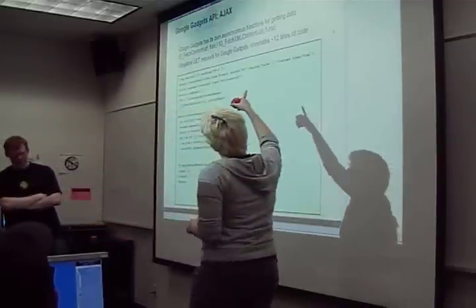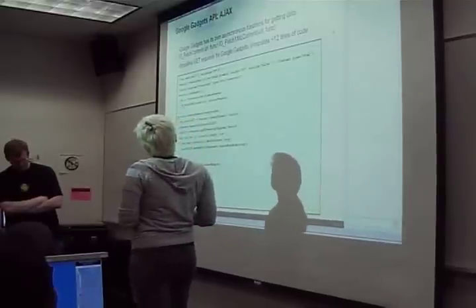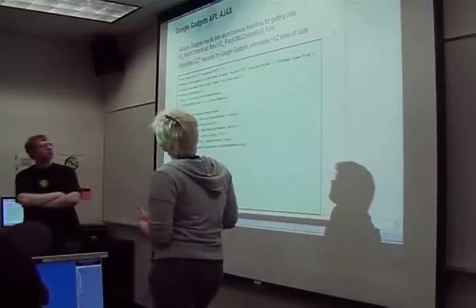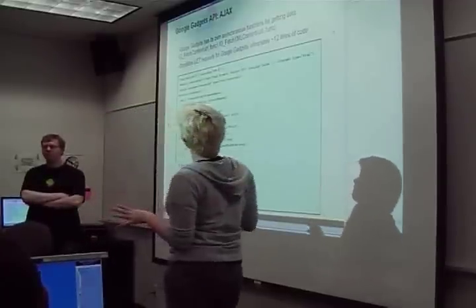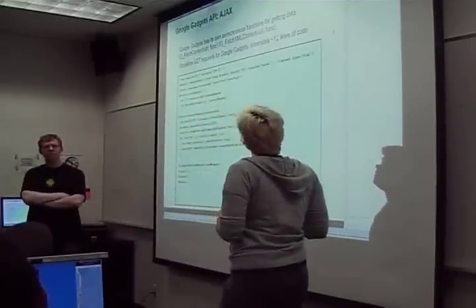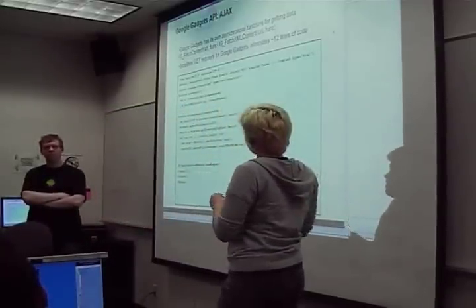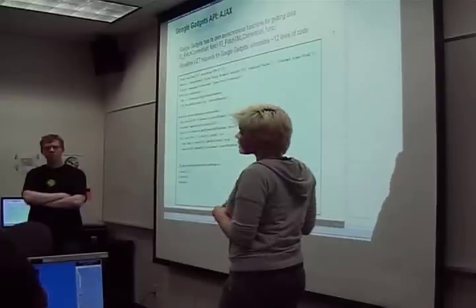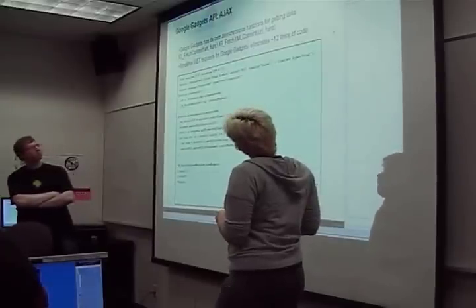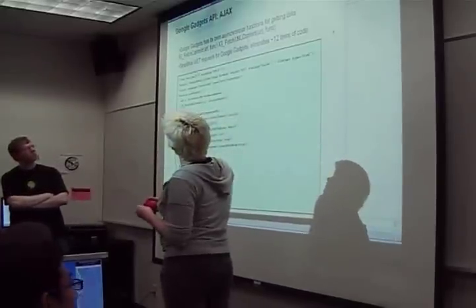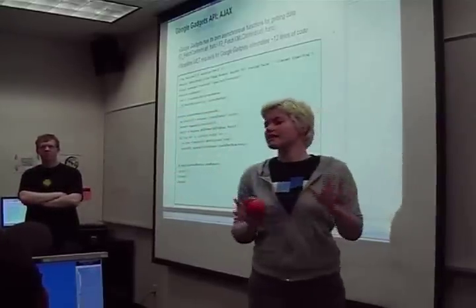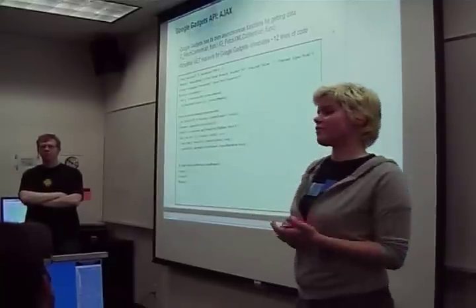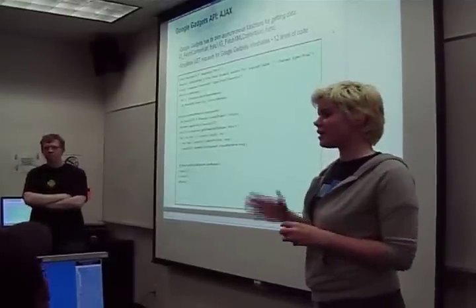So Google Gadgets has a couple functions for it. It has fetch content if you're getting just something that's not XML and it's text or CSV, something like that. And fetch XML content, which is specifically targeted for XML because it'll parse it as an XML document when it comes back. And these functions are able to make cross-domain requests. Usually with an XML HTTP request, you can only make a request on your own domain, on your own server.